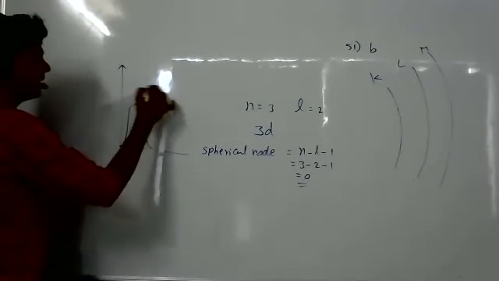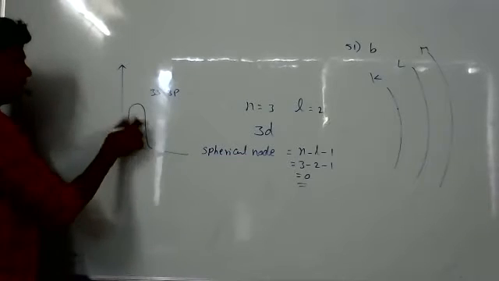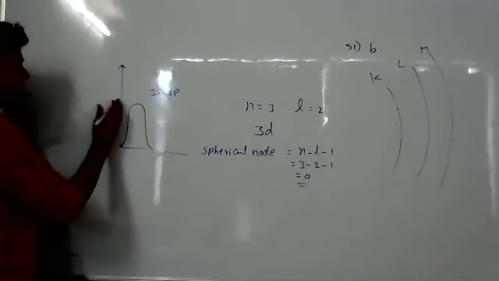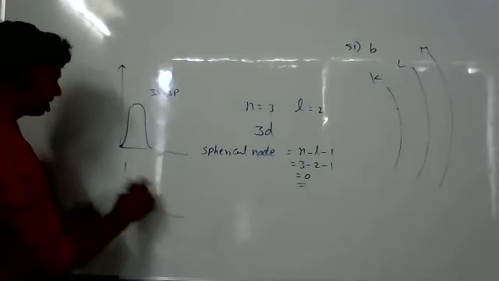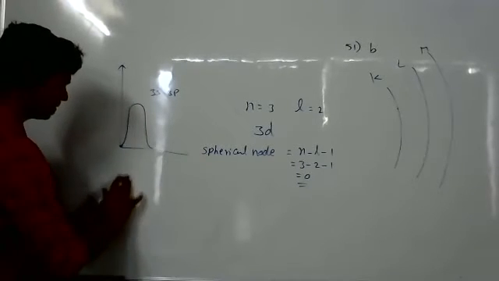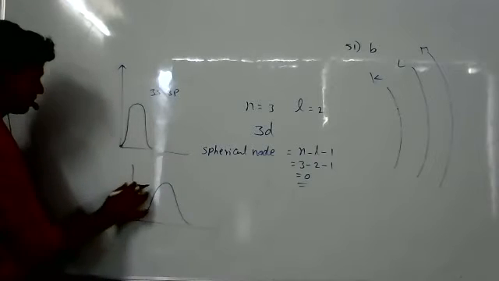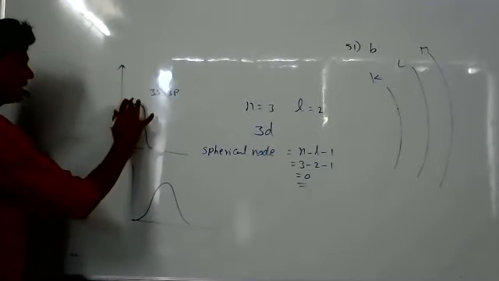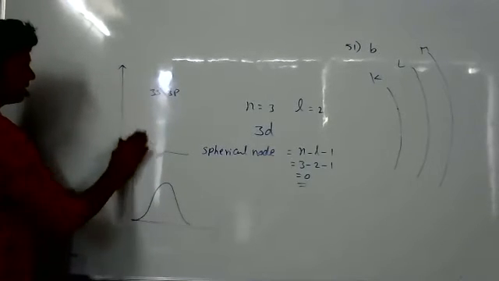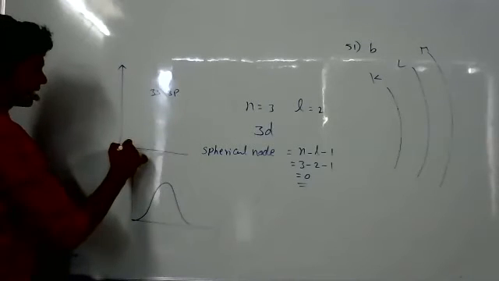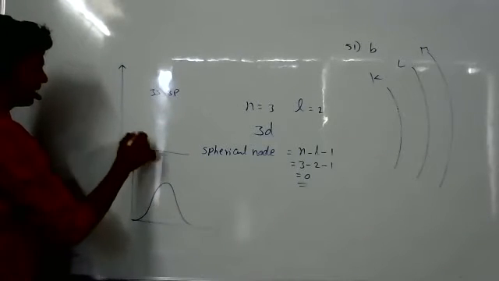If you say 3s, 3p is somewhat closer, okay, fine. But 3D is somewhat far from the nucleus. That's what here we are maintaining some gap between y-axis and graph. Here 3s is very closer. It having 2 nodes also. That's somewhat difficult to introduce.